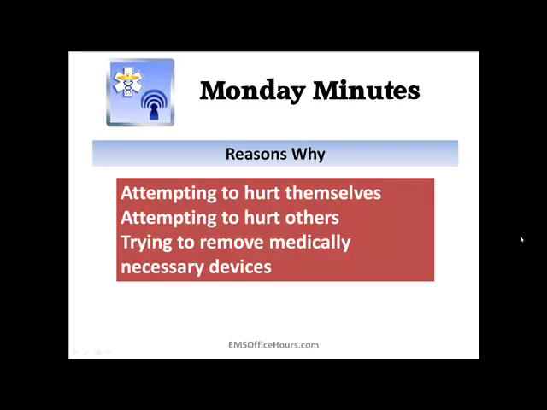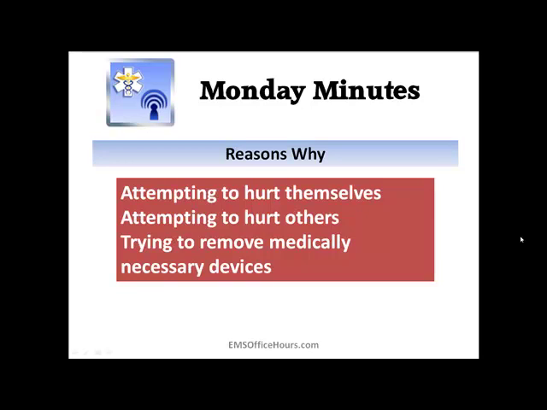So think about the reasons why you might have to restrain a patient. Most of the time it's because the patient's trying to hurt themselves, or maybe they're trying to hurt someone else, and it doesn't necessarily have to be you or your partner or a police officer. It could be threatening to hurt a family member or a child or a neighbor or whatever the case may be. And also you might have to restrain a patient if they keep trying to remove some sort of medically necessary device.